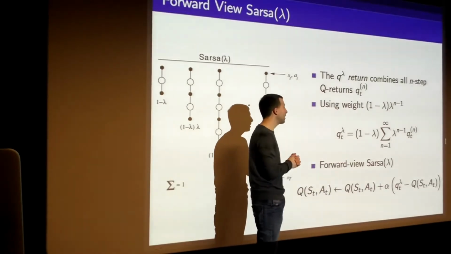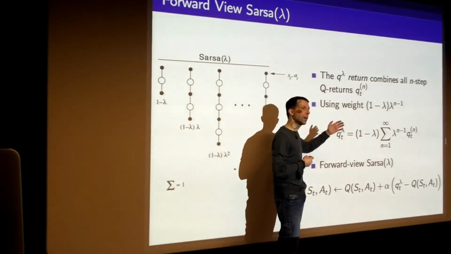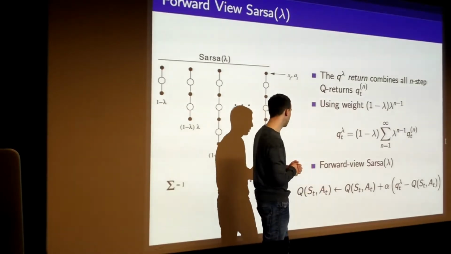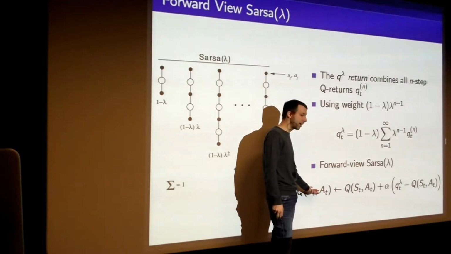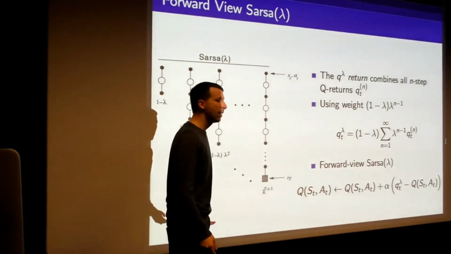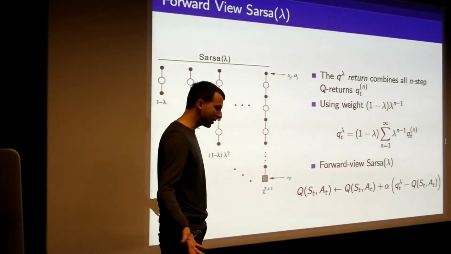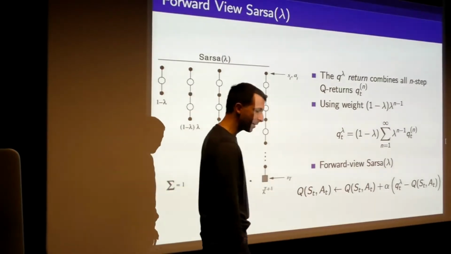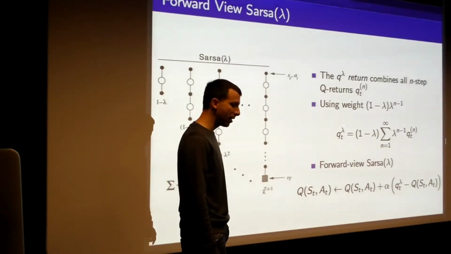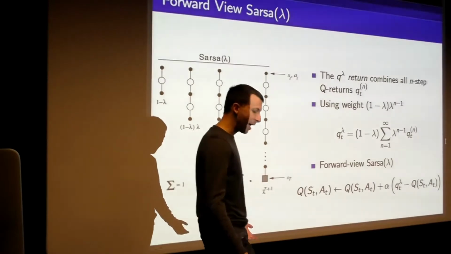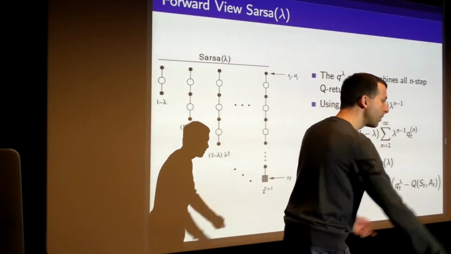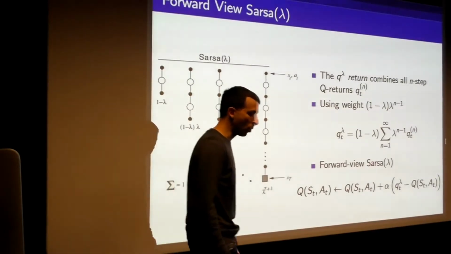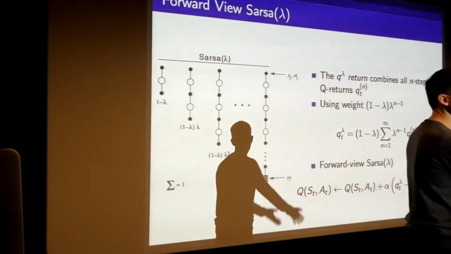Okay? And so now we can plug this right into our update. Again, what we can do is say, now I'm going to update my Q value. I start over here, and I'm going to consider a weighted sum for this Q value. I want to know how good it is to take this action. I'm going to consider some weighted sum that takes account of my estimate based on my reward plus my Q value from here, but also based on my reward plus my reward again, plus my Q value from here onwards.